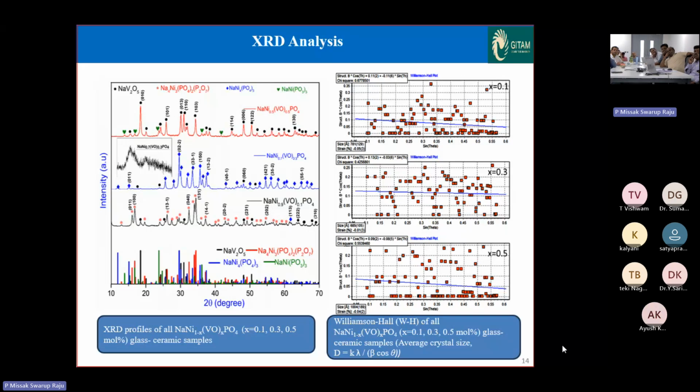Why is this type of error coming there? That is another question, but the question is, it should be single phase, or are you intentionally disturbing the phase to make it impure so that we can create defects? So what is your interest? Some of the impurities, or some of that type of phase, are also there.